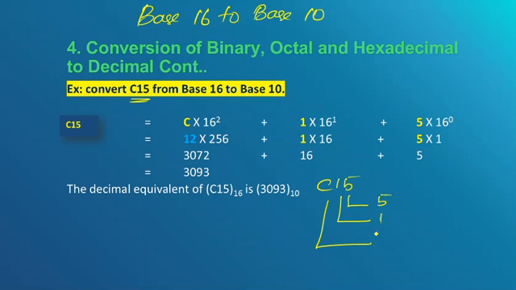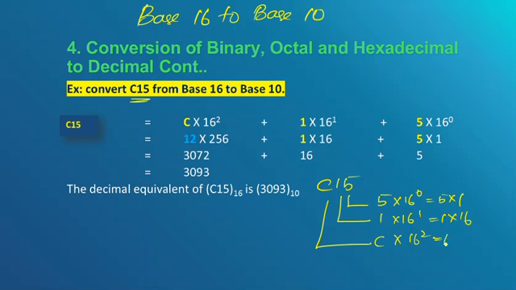So 5, 1, C, into 16 power 0, 16 power 1, 16 power 2. So which will be 5 into 1, okay, it's not 0, it's 1. And 1 into 16. And what is the C value? A is 10, B is 11, C is 12.